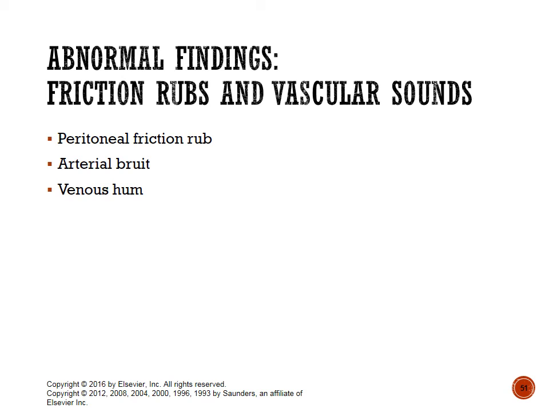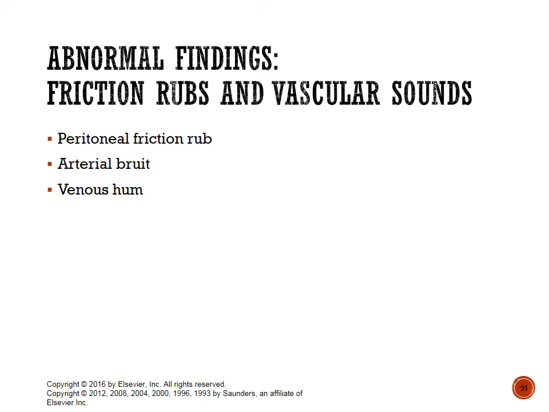The vascular sounds, a bruit, if we hear it over the aorta, it's going to be an aortic aneurysm more than likely. If we hear it over where we have our renal arteries, that's probably more of a stenosis finding, a hardening of those arteries, or maybe some plaque buildup.